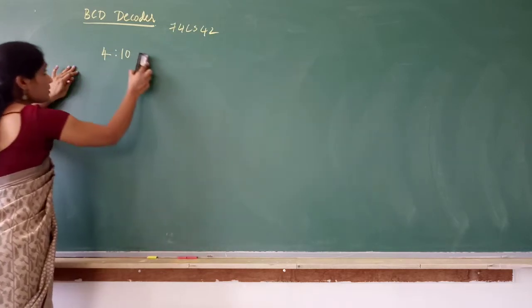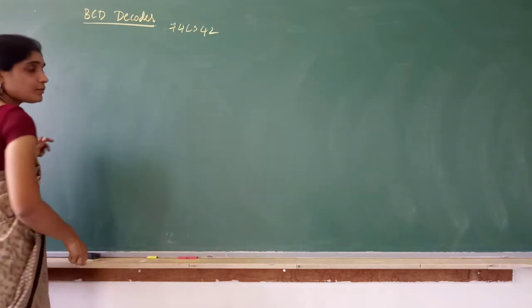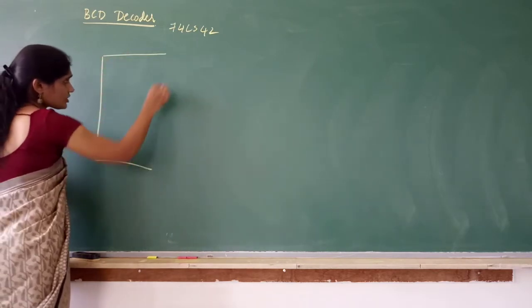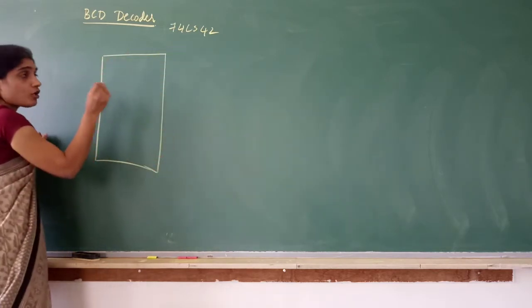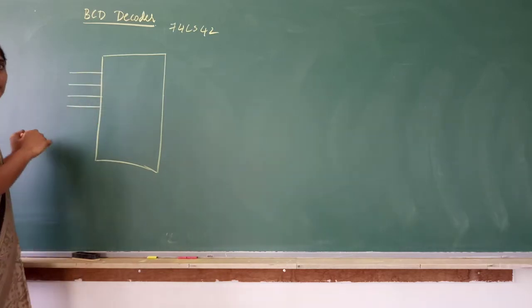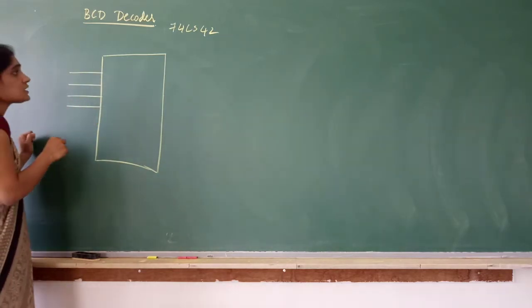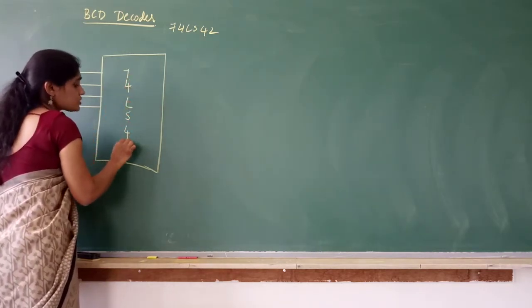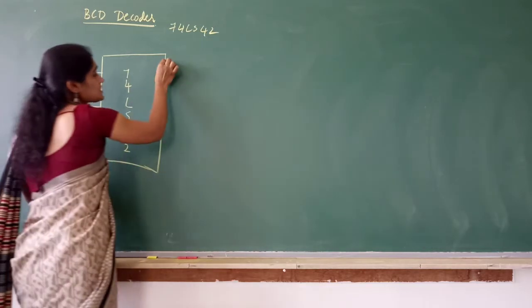What are those 4 inputs and 10 outputs? Let me write the symbol of BCD decoder. So how many inputs for BCD decoder? 4 inputs, A, B, C, D. And the IC number is 74LS42 and we have 10 output lines.